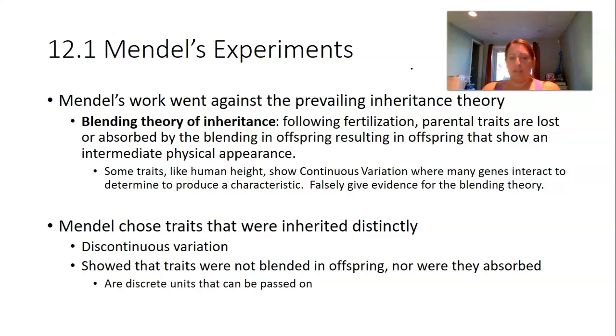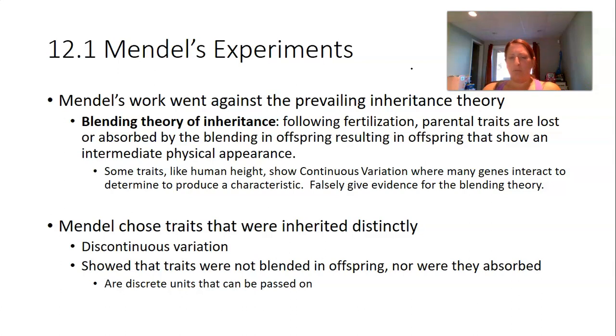So what scientists thought was that following fertilization, parental traits get kind of mixed and lost or absorbed. They get blended together, and offspring end up as an intermediate between the two parents.